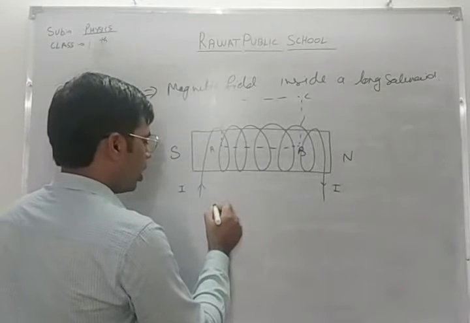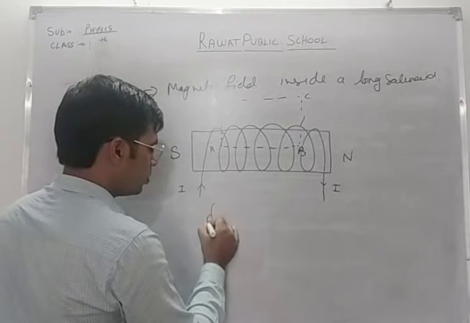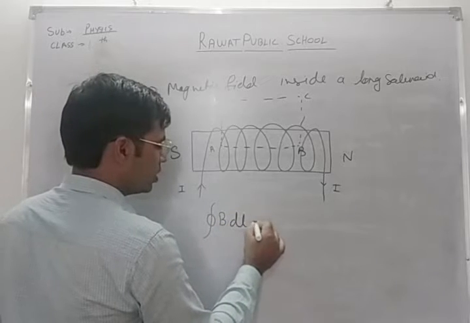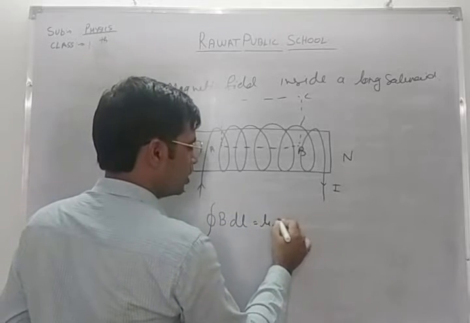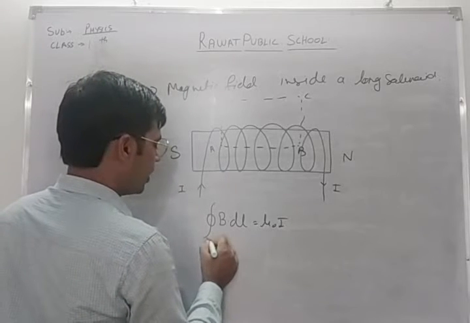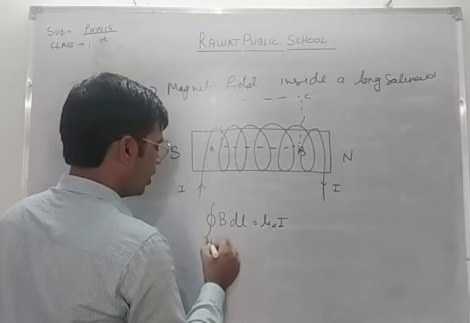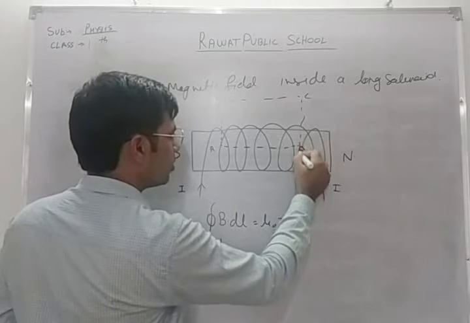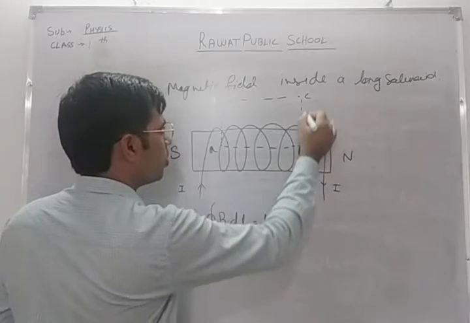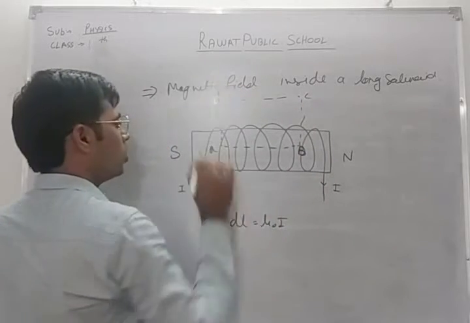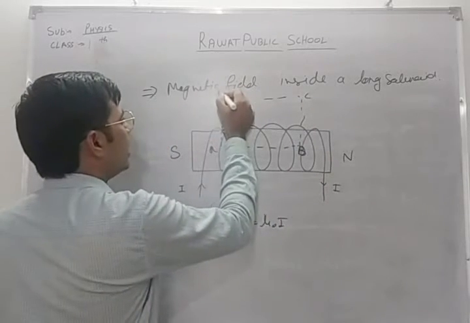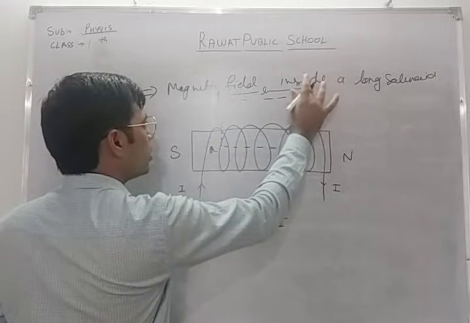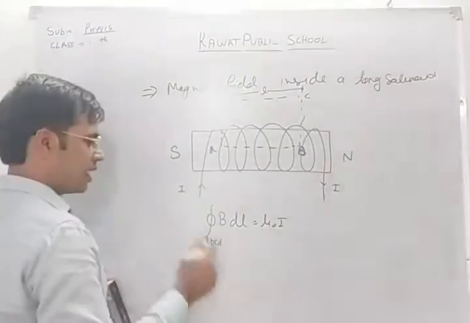Now, according to Ampere's circuital law, closed integration of magnetic field over the length is equal to mu naught I. This is the law, and we will be taking it for A, B, C, D. So B is a magnetic field, so let us take them small. This is A, small b, small c and small d. Okay. Now, length of this rectangle is L.